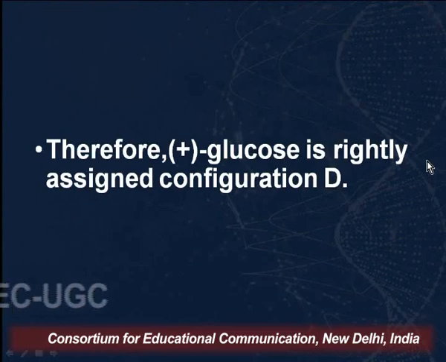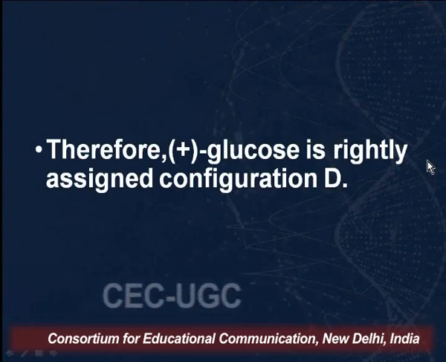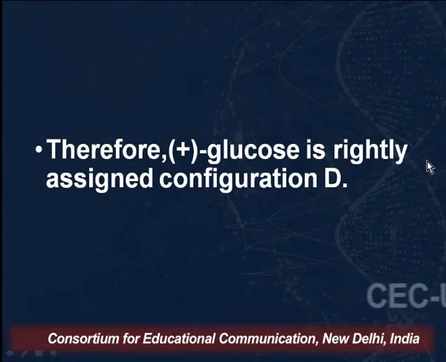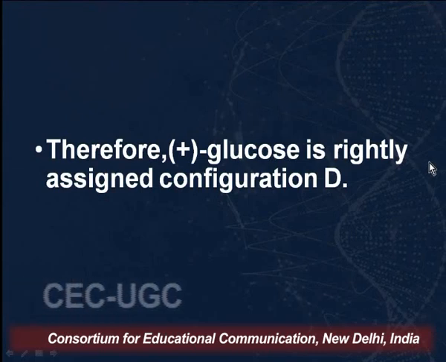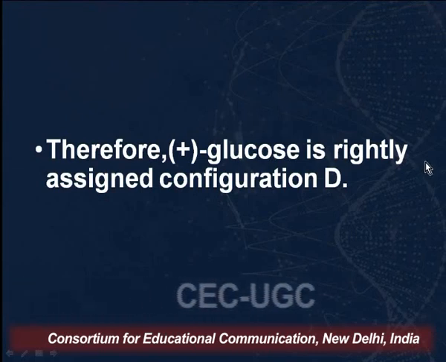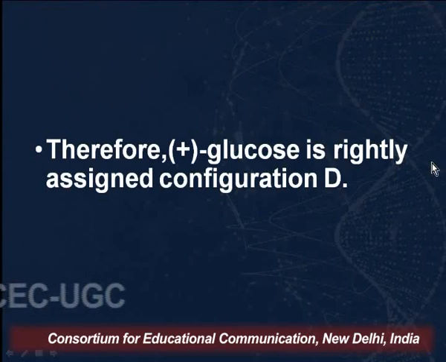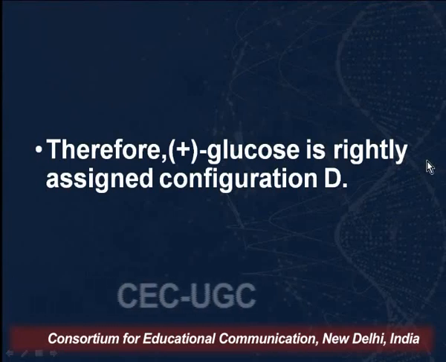Like when we say that a molecule of glucose has configuration capital D, this configuration was assigned when its structure was compared with glyceraldehyde, and Fischer found that the OH on the highest numbered carbon was on the right hand side.